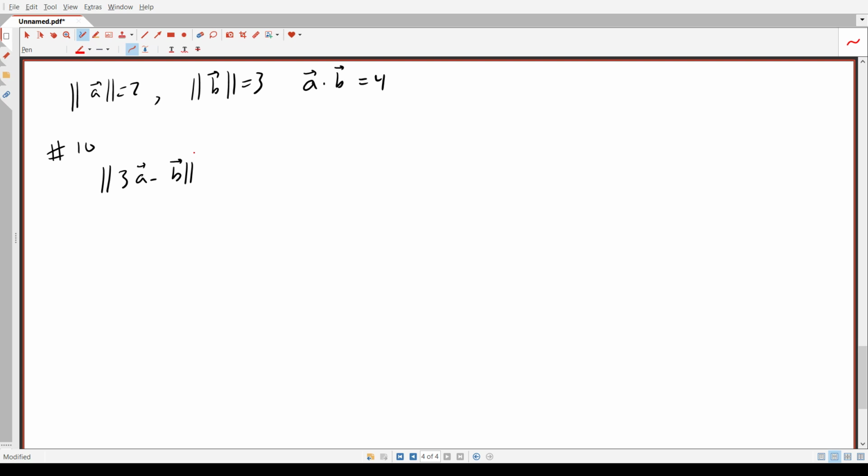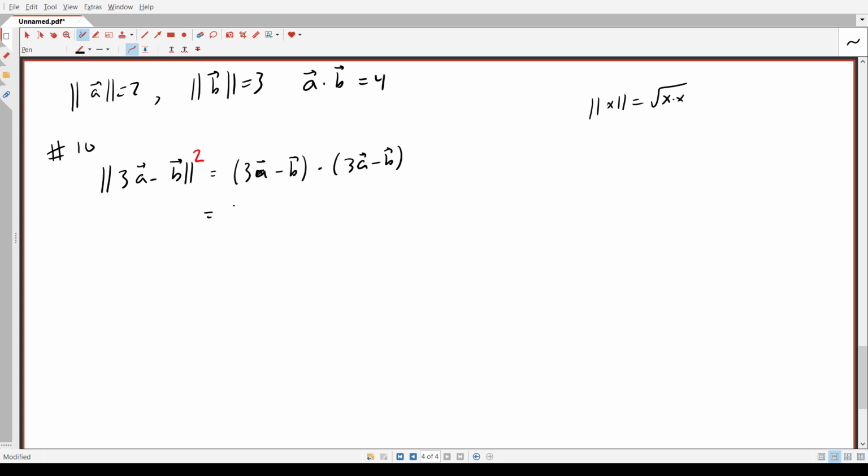So I'm going to square this for now. So the norm we know is the square root of x dot x, right? We know that norm x is square root x dot x. So I square both sides, I get rid of the square root. So I have 3A minus B dot 3A minus B. And then now I just use the fact that this is distributive, right?